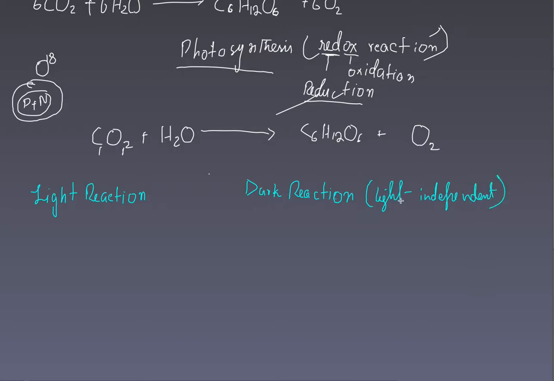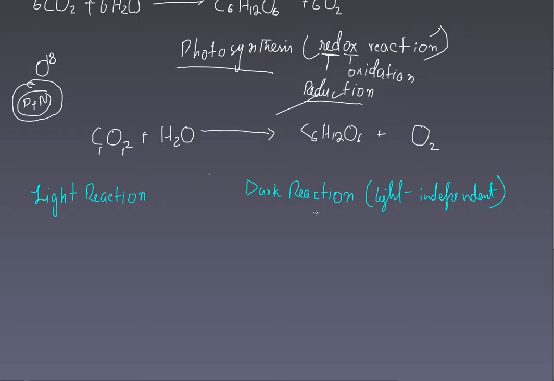So now it's a little bit more clear. It means that the light reaction happens in the presence of light, but the dark reaction doesn't need light. It can occur in the absence of light, but it happens during daytime. It means it happens at the time when light is present, but it doesn't necessarily need light to occur.